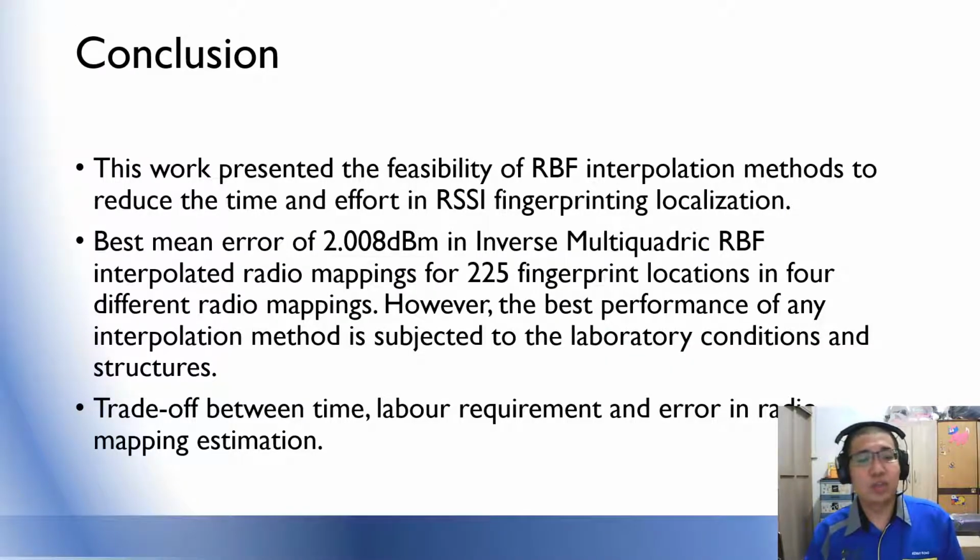As a summary, this work has shown the feasibility of the RBF interpolation method to reduce the time and effort to build the radio maps for fingerprint localization, as we are not required to evaluate every single fingerprint location to generate the radio maps. Based on the work, the inverse multi-quadric RBF interpolated radio mapping has the best mean error of 2.008 dBm for the 225 fingerprint locations.